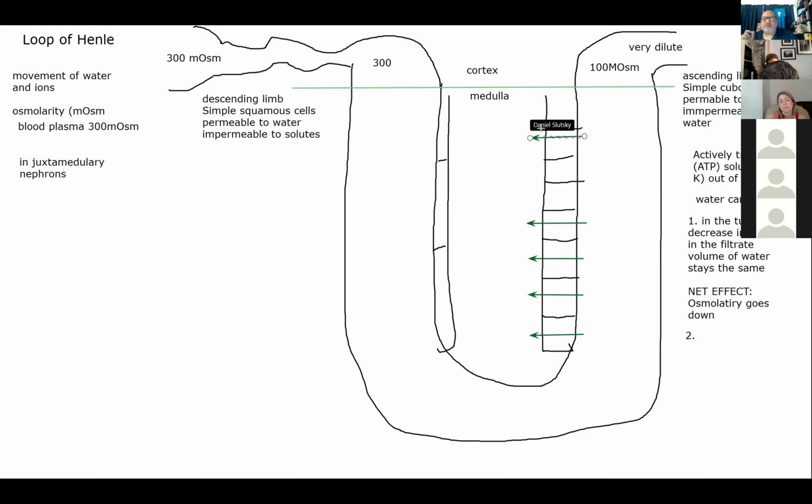Same amount of solutes are going to be able to pump out, or less, or more? Less at the top because there's less solutes in it. Absolutely. So the second thing that's happening here is that we are getting an uneven pumping of solutes out of the limb, where there is more pumped out at the bottom and less at the top.